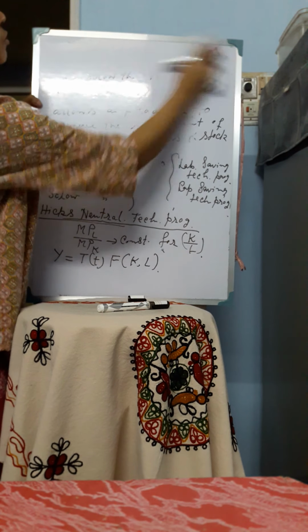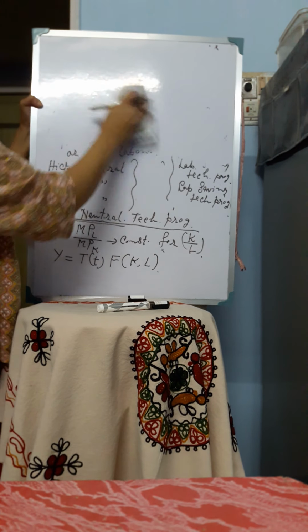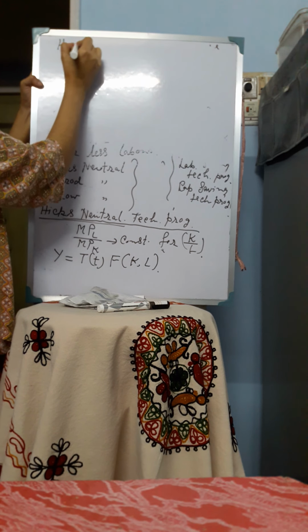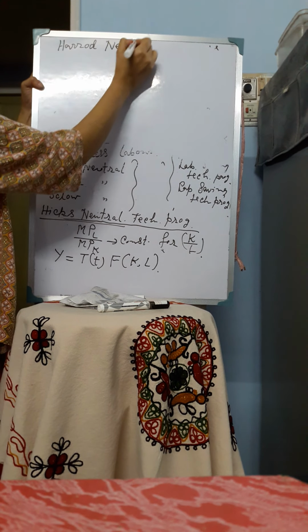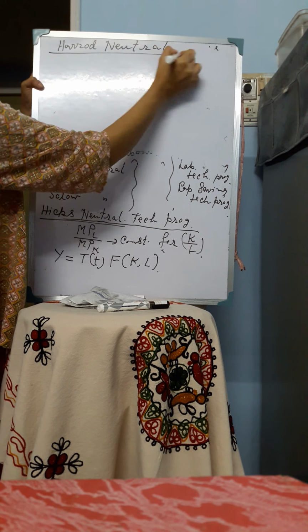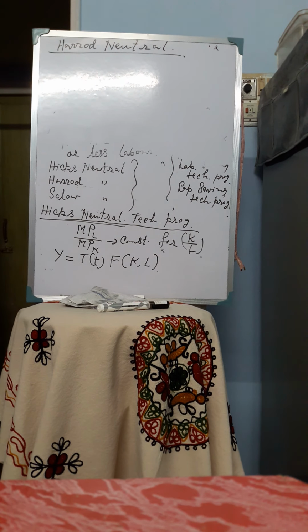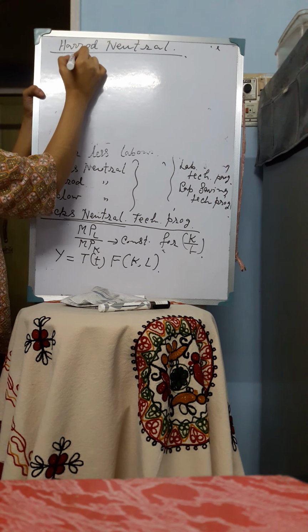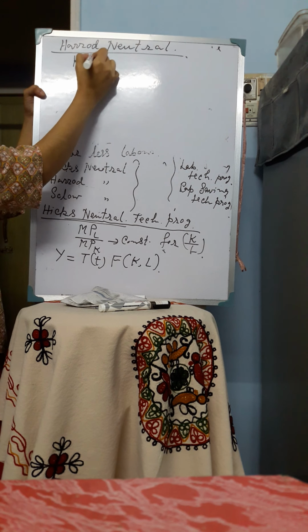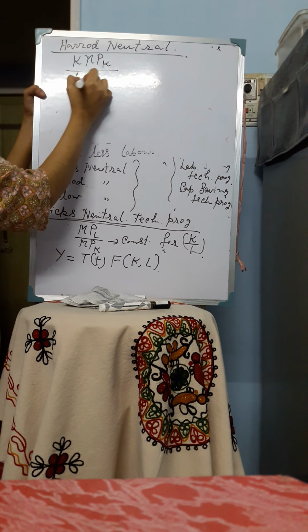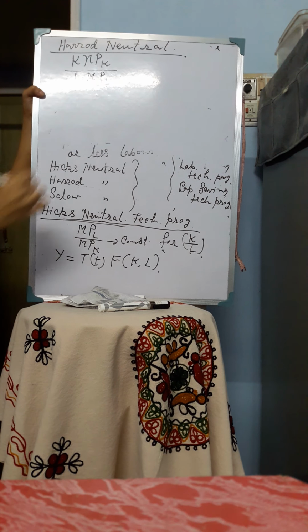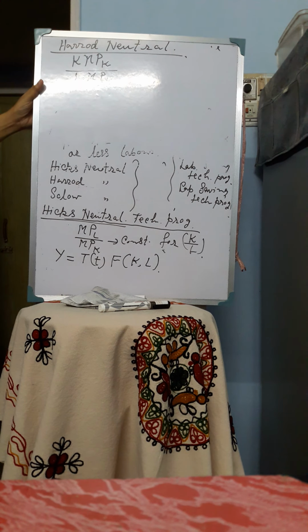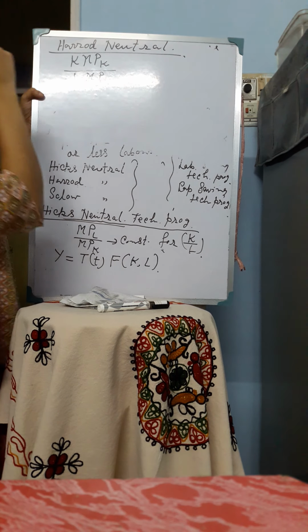Next is the Harrod neutral technological progress. Now according to Harrod, a technological progress is neutral if the relative input shares remain unchanged for a given capital output ratio. So relative input shares can be written as K into MPK divided by L into MPL. Now this will remain constant if K by O remains constant.